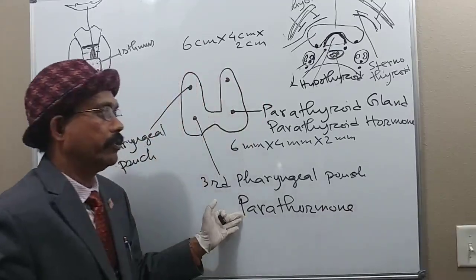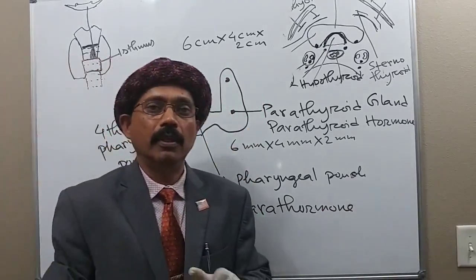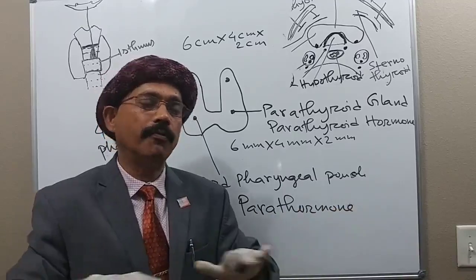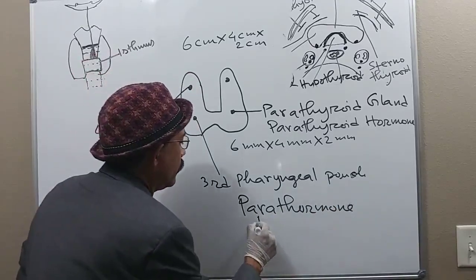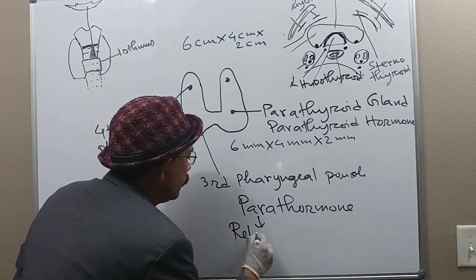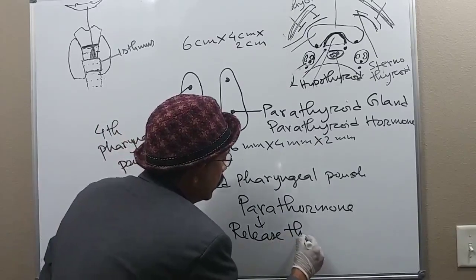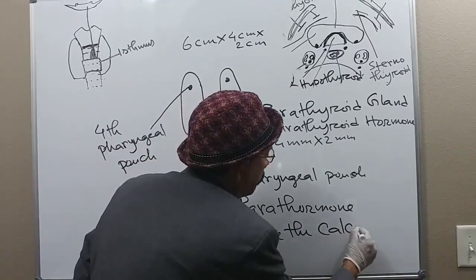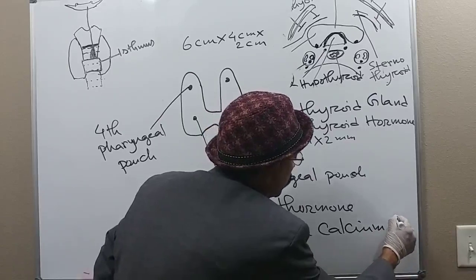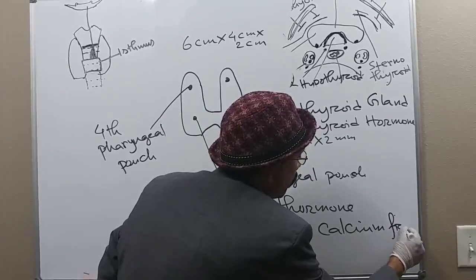What is the function of parathormone, or parathyroid hormone? It releases calcium from the bone to the blood.